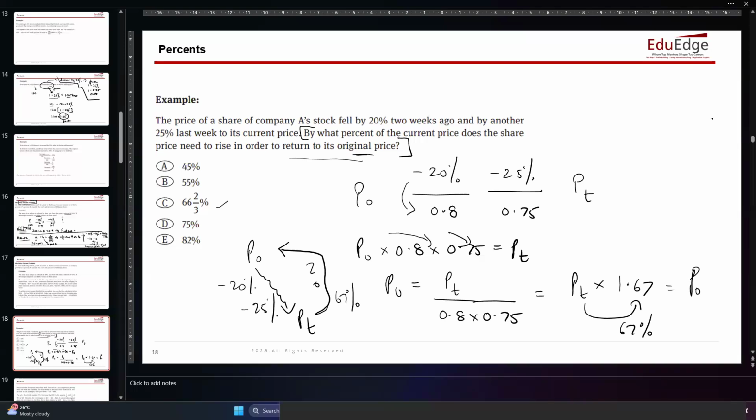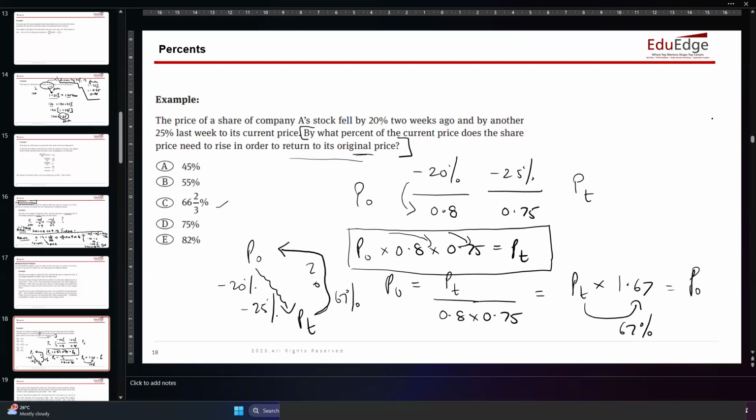Always convert percentages into factors, establish a relationship between the original and the final price, and then solve the problem for whatever is asked. Sometimes we might know P0, sometimes we might know PT, and sometimes they would ask for a flipping of the relationship between P0 and PT, just like this question. So it depends on what is asked.